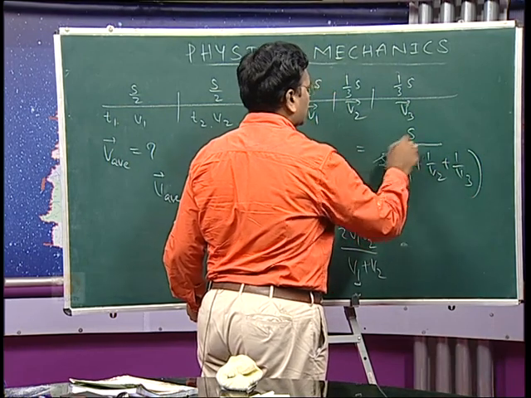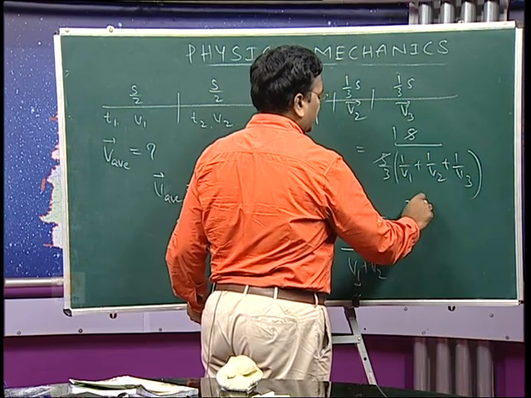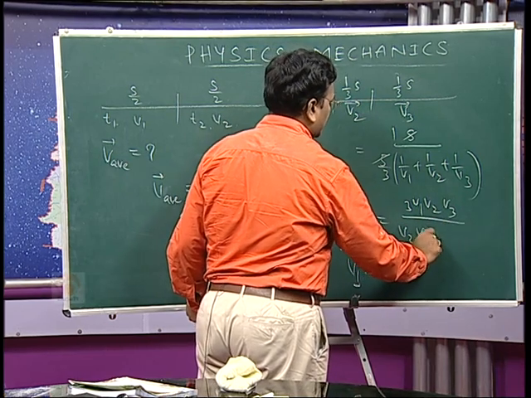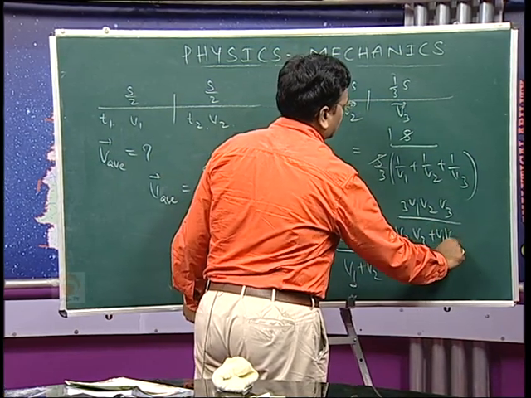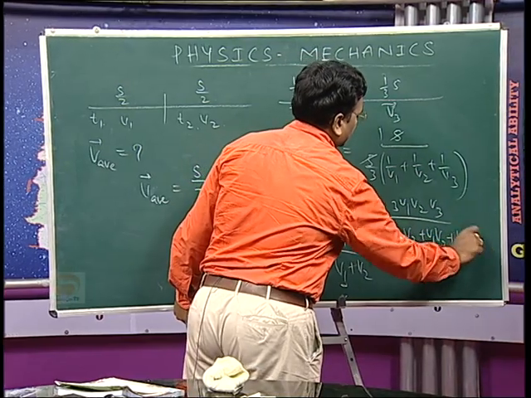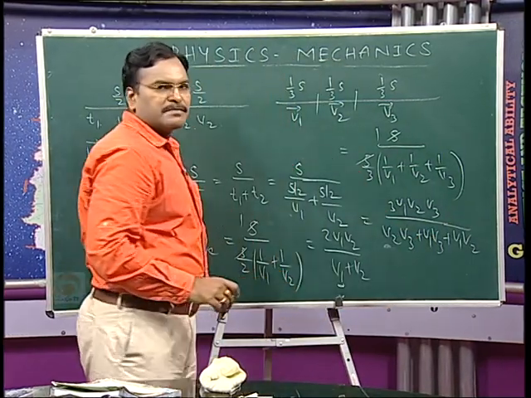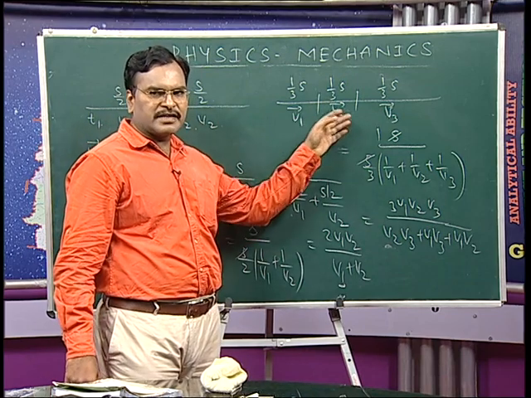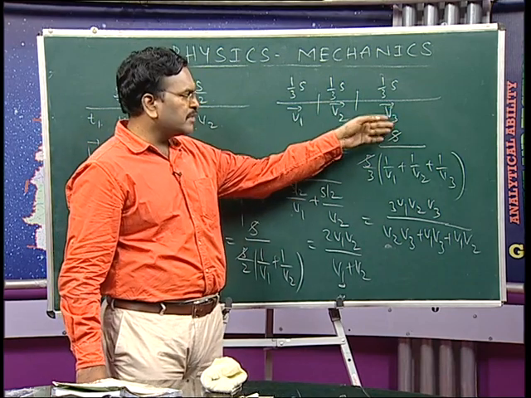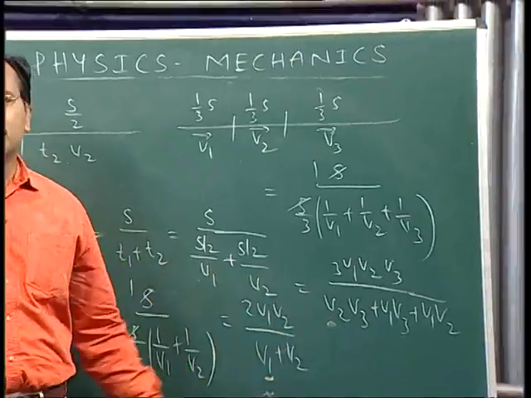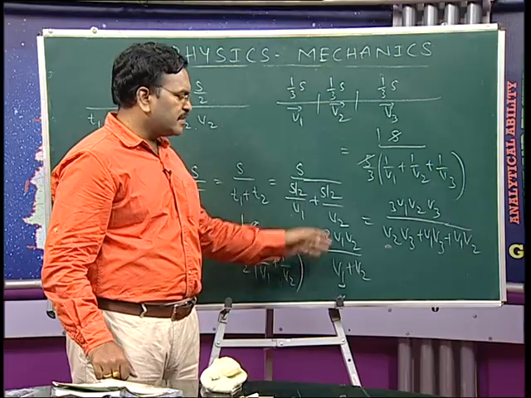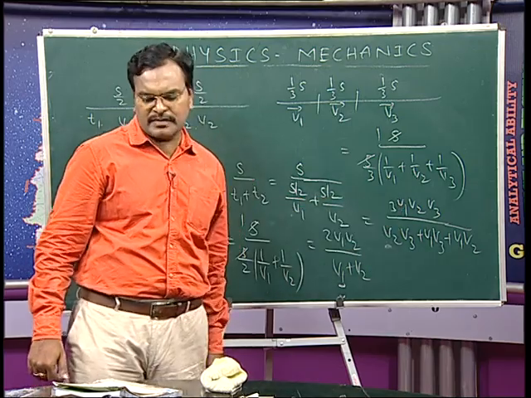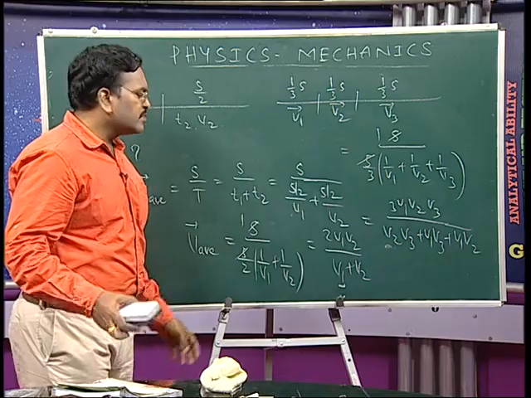So we get 3 v1 v2 v3 by (v2 v3 plus v1 v3 plus v1 v2). This is the average velocity.